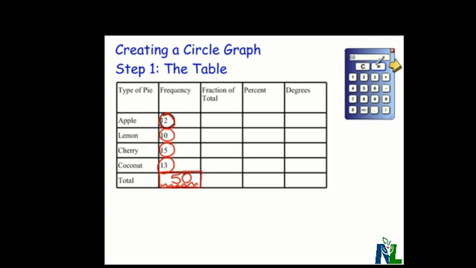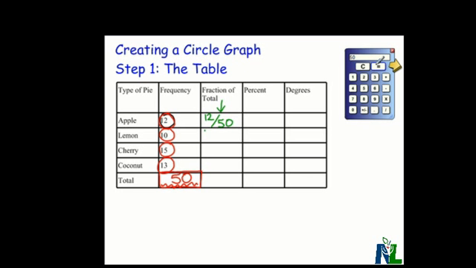So the fraction of the total is going to be the frequency over the total. So let's fill out this column. What we're going to do is put the number of people who like apple over the total, which is 50.